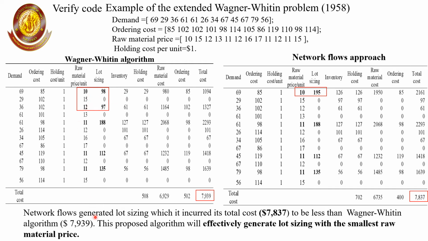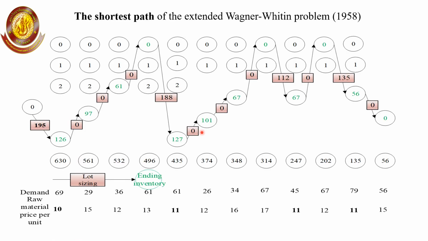So the network flow algorithm will effectively generate lot sizing with the smallest raw material price. This slide shows the shortest path computed by dynamic programming.